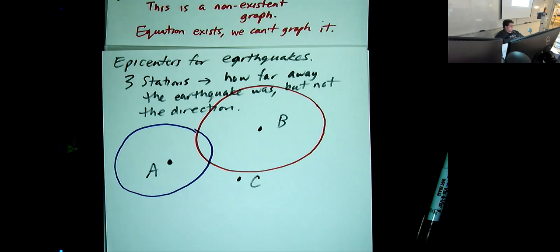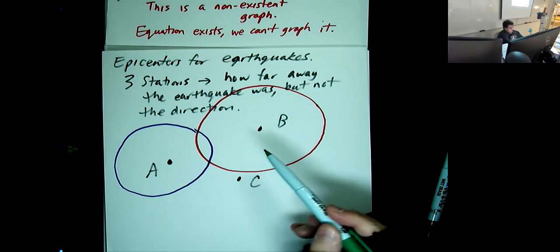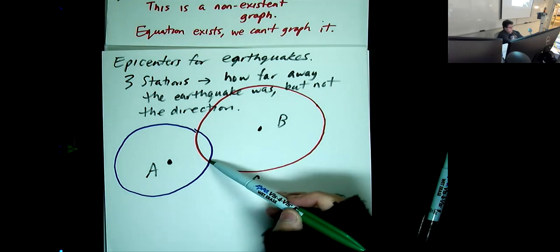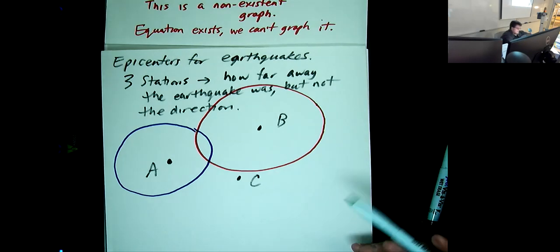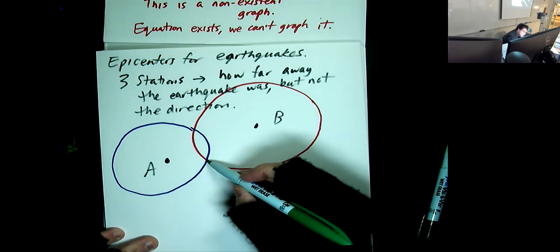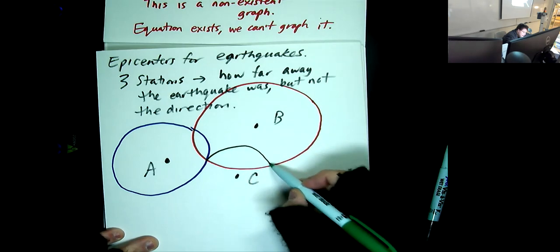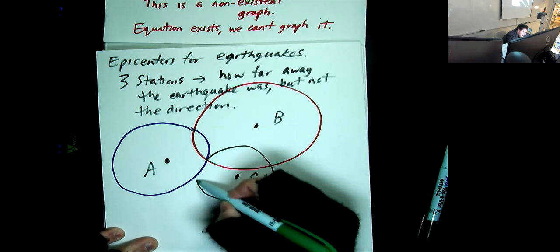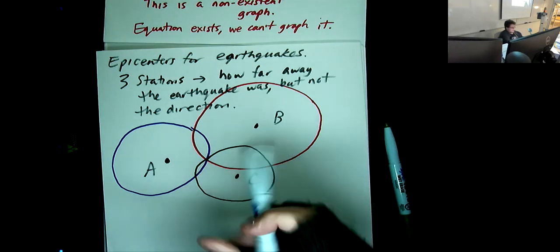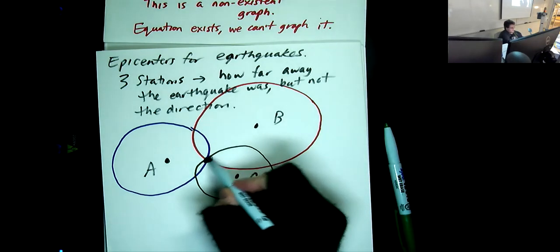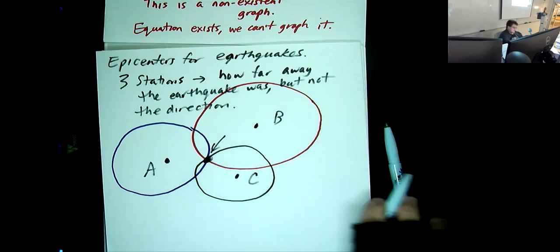The first 2 places they do it narrow it down to 1 or 2 spots. It's gotta be either here or it's gotta be here. And so they plot it, they do some convergence, and that's the epicenter.